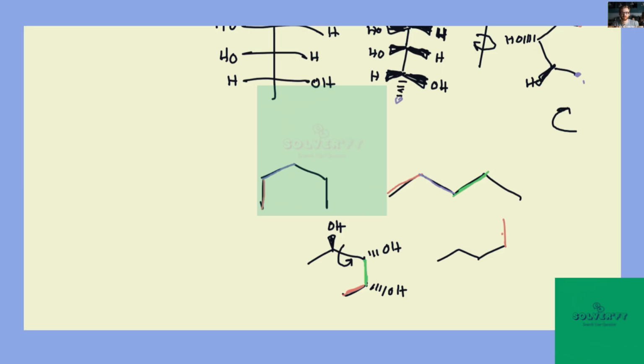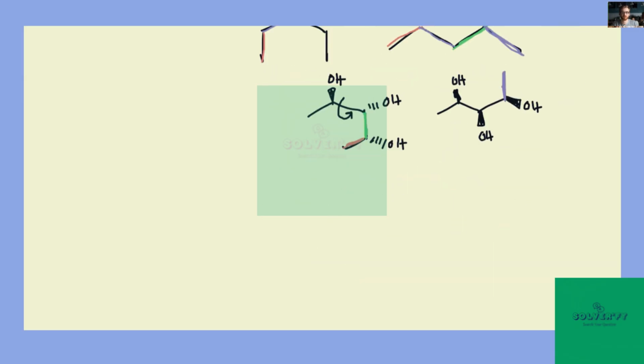The other consequence is that since we rotated everything by 180 degrees, if an OH was after the rotation, after this carbon, pointing away from us, it will now be pointing towards us. And our final step is to rotate once again around this bond, such that this bond is now pointing down and to the right like the ones in the pictures. Once again, we do that by rotating by 180 degrees about this bond.